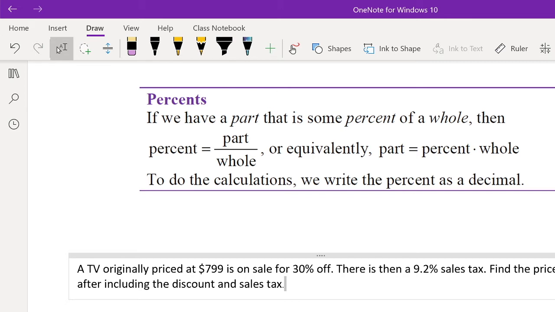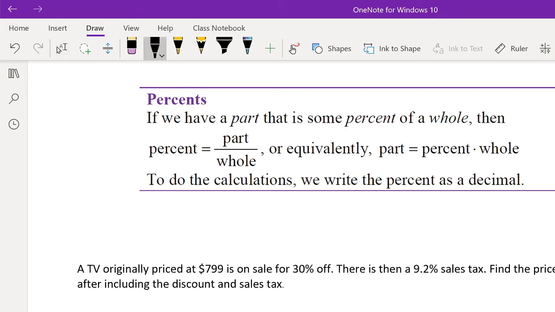Okay, so this is a multi-step problem. There's a few things going on. We're gonna buy a TV. It's on sale. We get a nice 30% discount. But again, there's also sales tax to be applied. So there's a few steps to this problem, so which one am I going to do first? The sales tax is going to be applied onto what you paid.